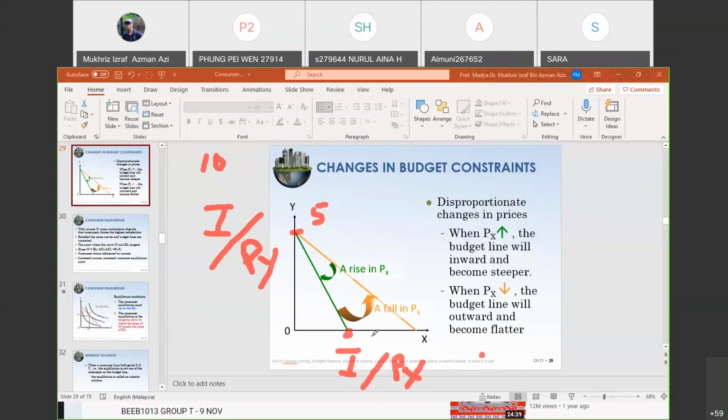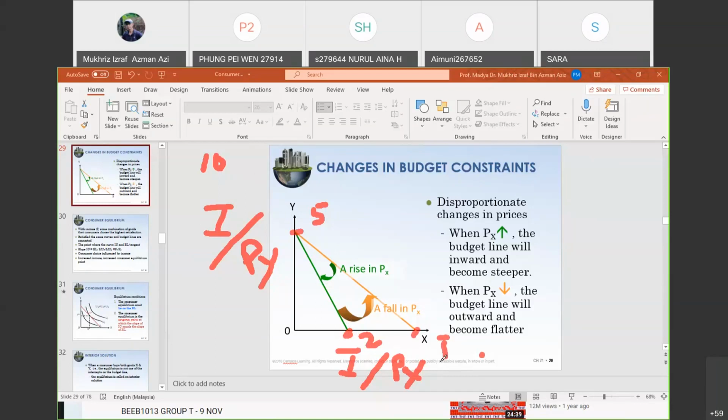If you want to know the intersection points of your budget line, as long as you know your income and the price of Y and X, you can calculate the intersection points and construct your budget line directly. So here will be I over PY, and this will be I over PX.